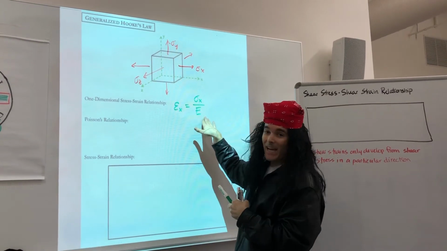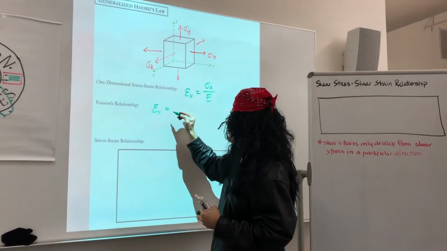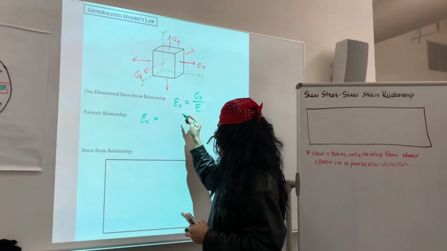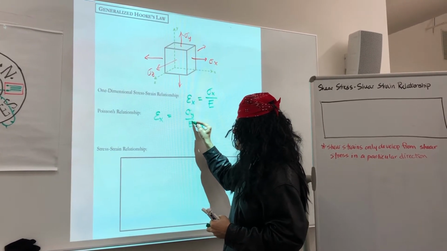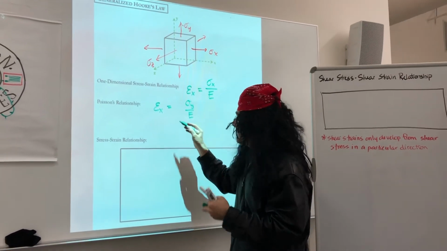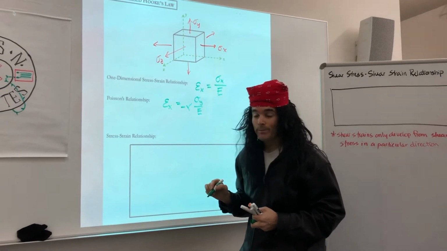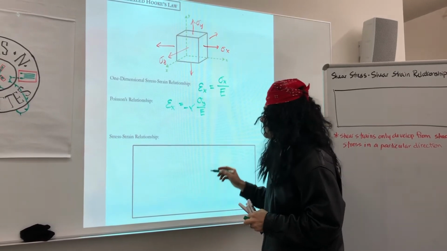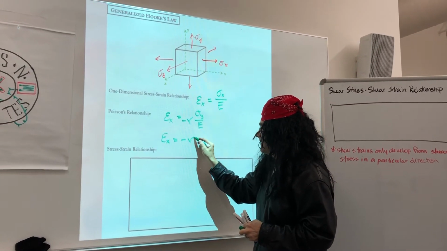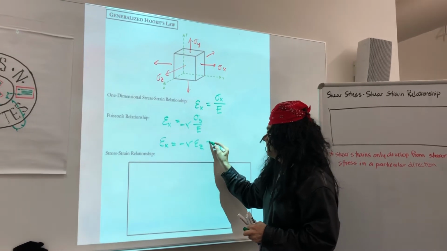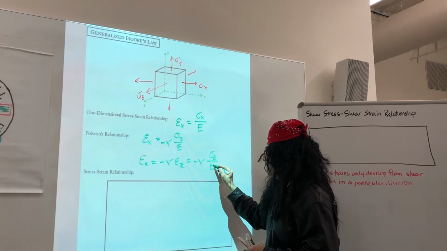So epsilon x is not just equal to this value, but it also has some strain due to the strain in the y direction, so sigma y divided by E. And then we said it's contraction, and we relate it using Poisson's ratio nu. Likewise, epsilon x is related to negative nu epsilon z, which again, epsilon z is sigma z over E.